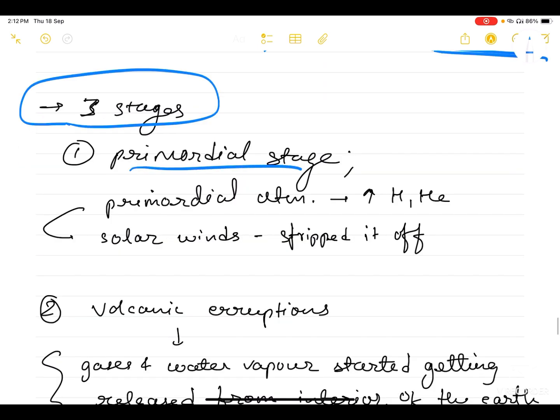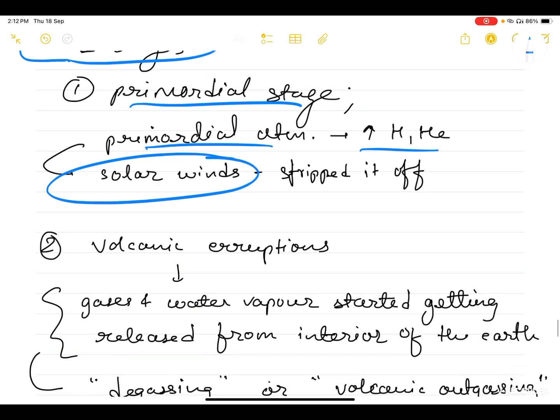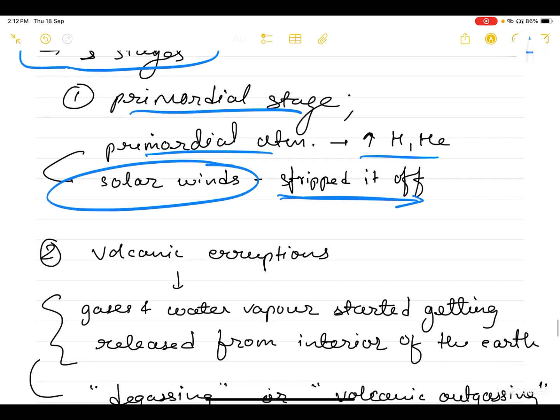The first stage is the primordial stage, where the primordial atmosphere, which had high hydrogen and helium, was stripped off by solar winds. As the magnetic field was very weak, the solar winds were strong, as they are intense on terrestrial planets. It blew away the gases that the primordial atmosphere held.